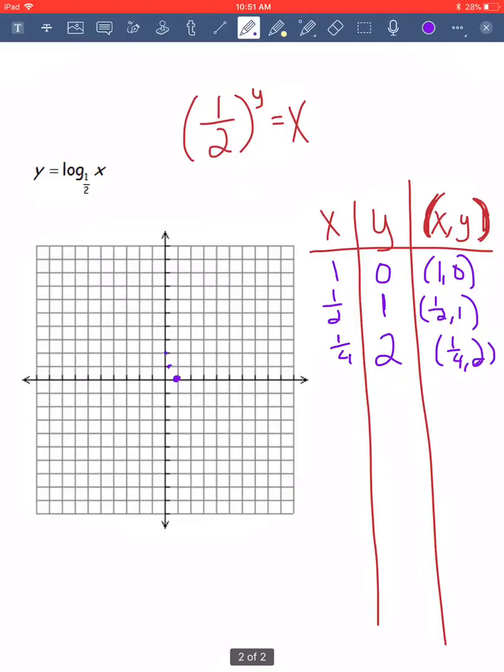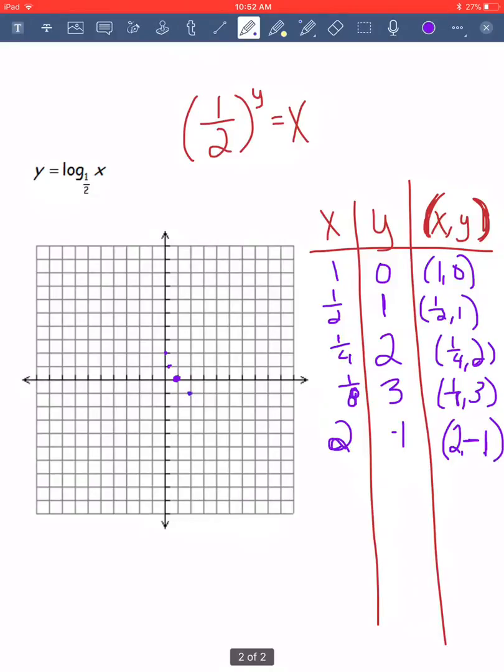Okay, so it looks like the bigger y values we plug in, we're going to be getting closer to 0. So let's plug in a negative number now. So plugging in -1. 1/2 to the negative first power is 2. So I have a point at 2, -1. My pen is not wanting to write.